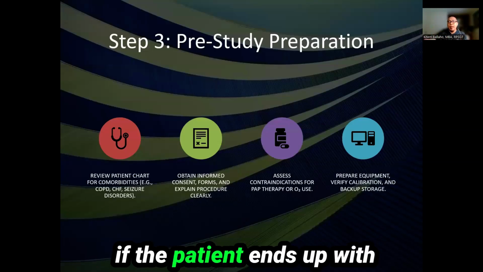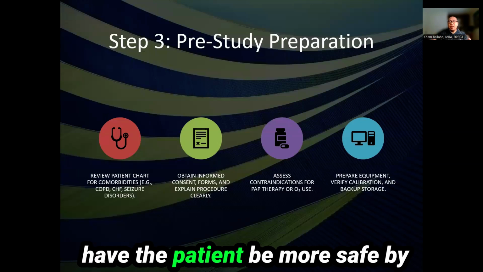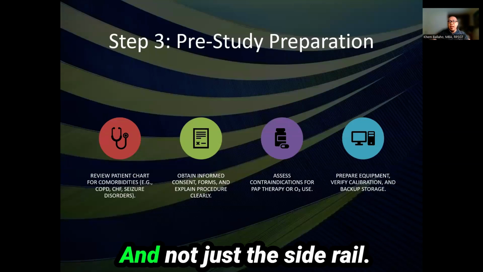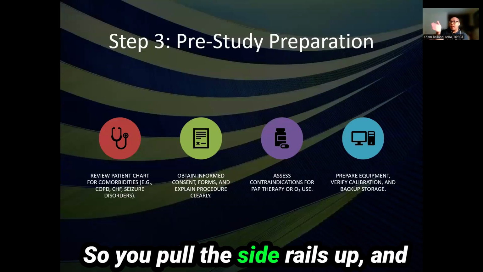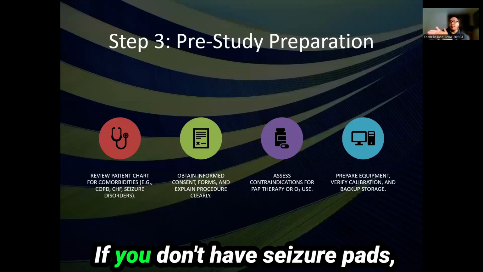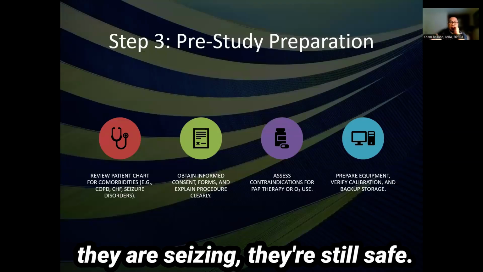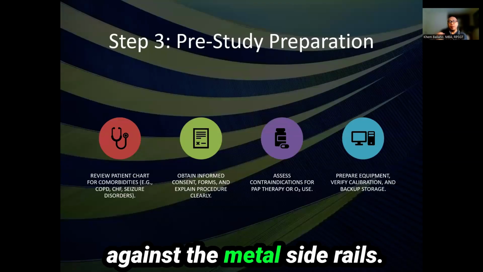If the patient ends up with a seizure, you can at least make the patient safer by pulling up these side rails. And not just the side rail, usually we have seizure pads. So you pull the side rails up and then you put the seizure pads. If you don't have seizure pads, you just add pillows so that if they are seizing, they're still safe. They're not hitting their head against the metal side rails.